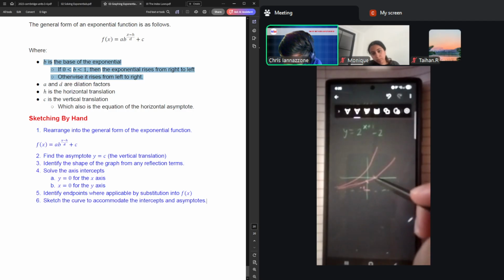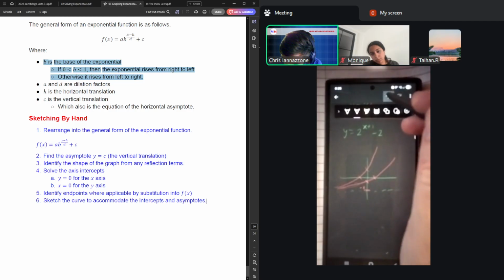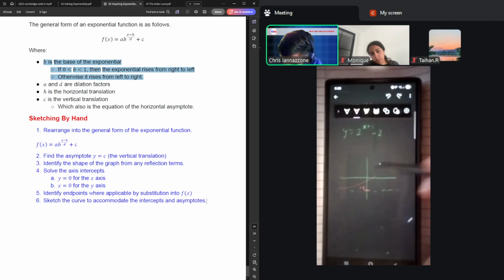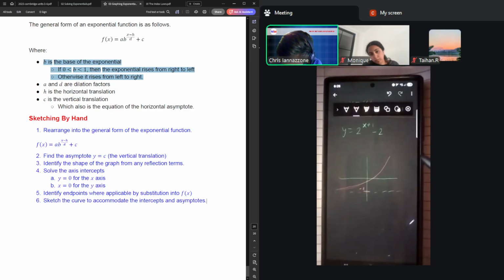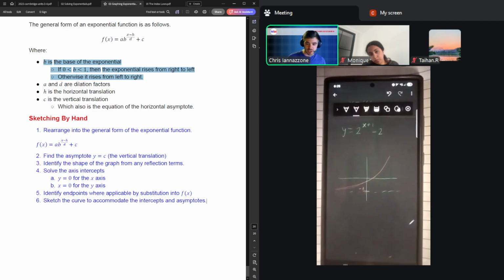One of them cuts through the bottom, one of them cuts through the top. So just eyeball it roughly and get a nice, smooth, easy to rub out sketch. Once you actually solve what those key features are, you'll be able to determine how drastic the curve actually was.